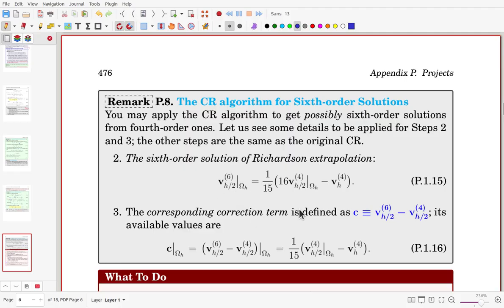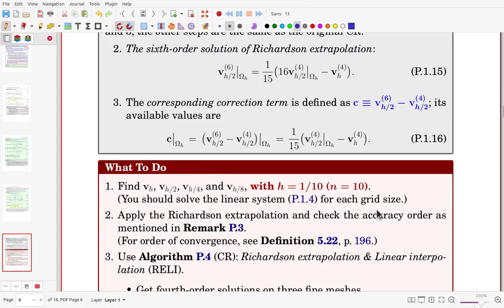Now the correction term is similarly defined in this range. From the fourth order one to the sixth order one, the difference is the correction term. Again, using this identity for the correction term, we reach this term. This one will be interpolated in the fourth step, and then this correction term will be added to that one, right? Okay.